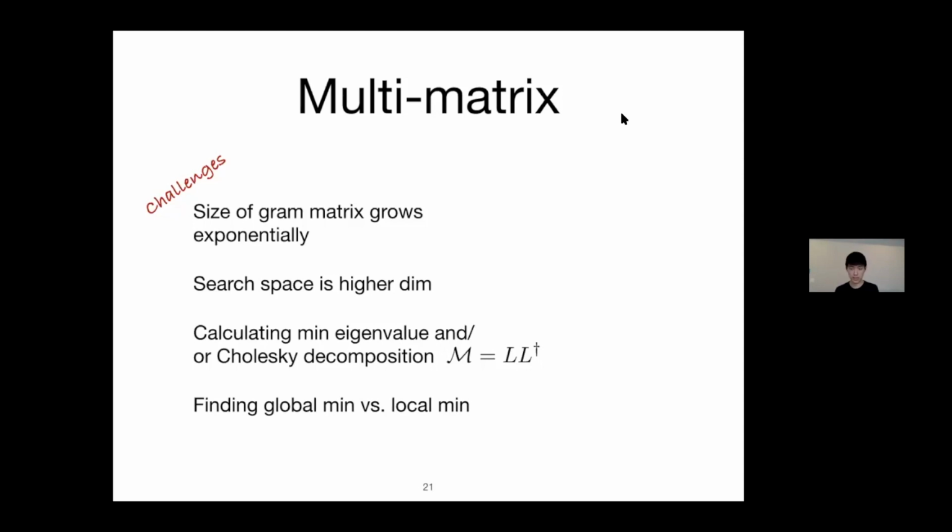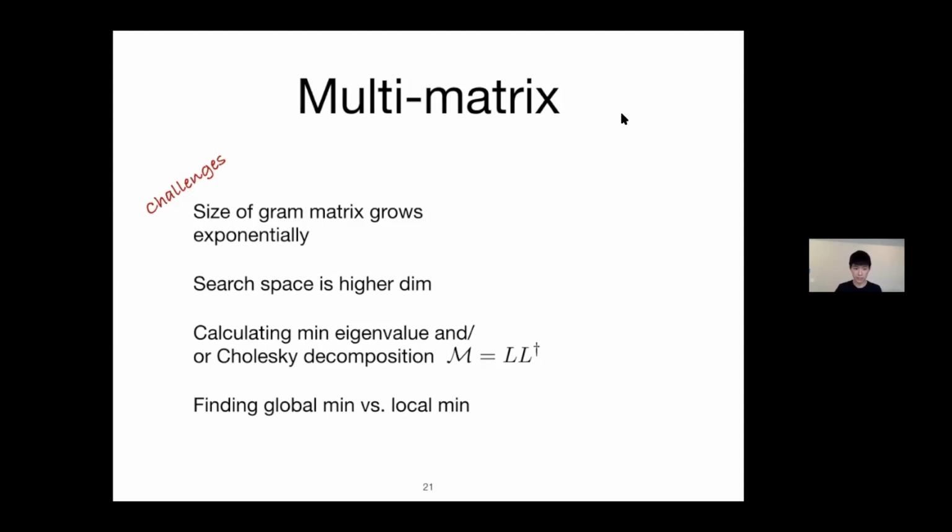So in general, the search space is going to be much bigger, and that means that we're doing some sort of high-dimensional search problem where evaluating the loss function, which tells you whether or not this point in parameter space is allowed or not allowed, is very expensive because it involves calculating the minimum eigenvalue. And it's also costly because there's so many directions to go in, right?